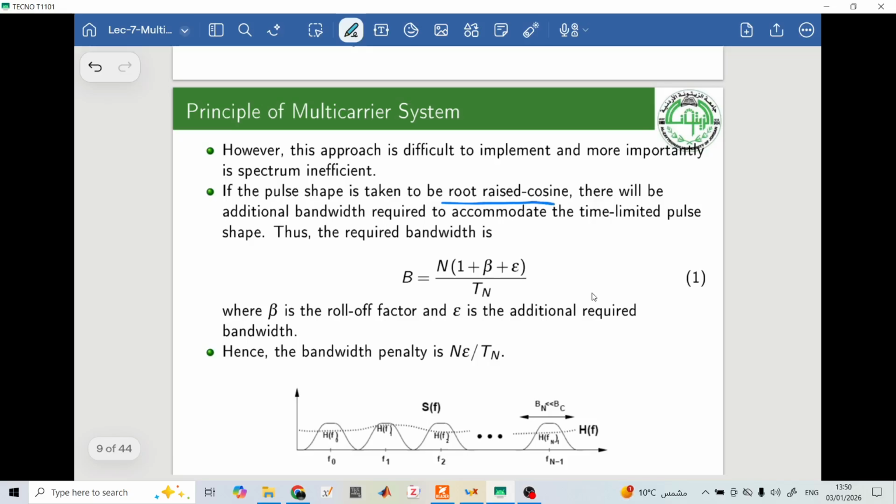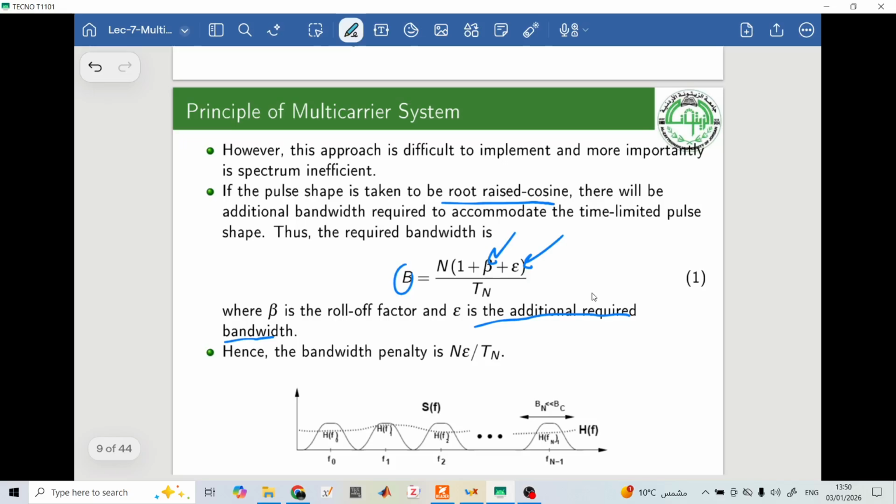So we need to add beta, which is the roll-off factor, and of course epsilon is an additional bandwidth required as a guard band, right? So the overall bandwidth will be a bit larger than the expected bandwidth, right?